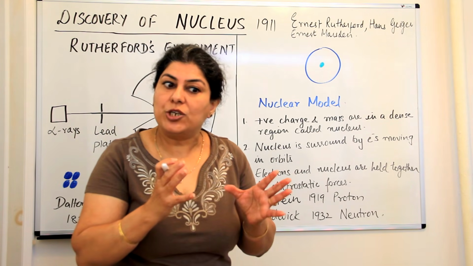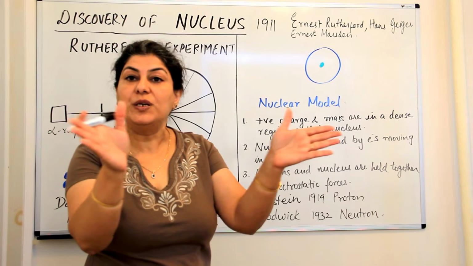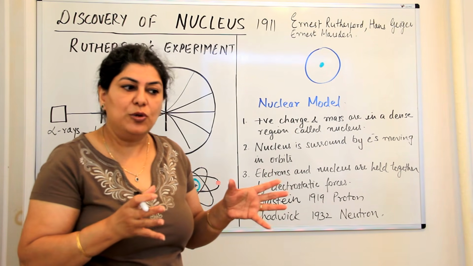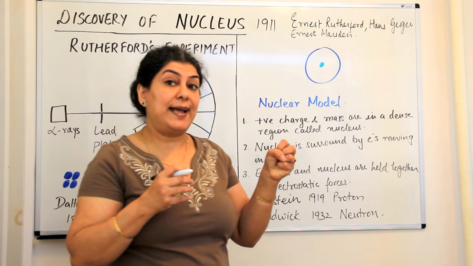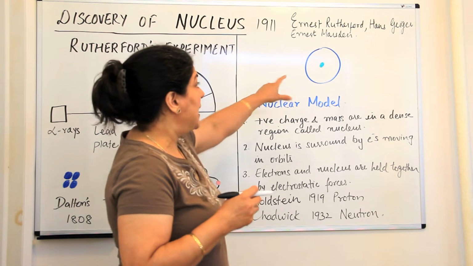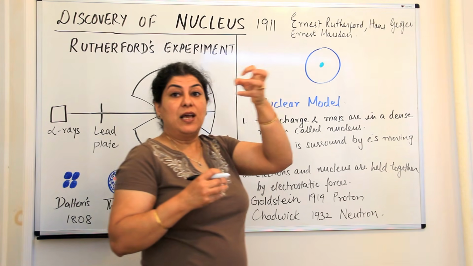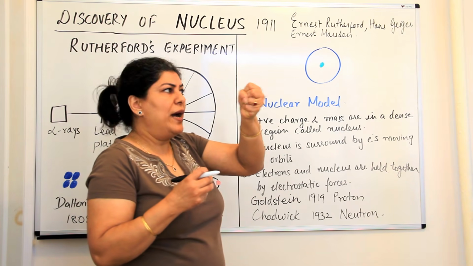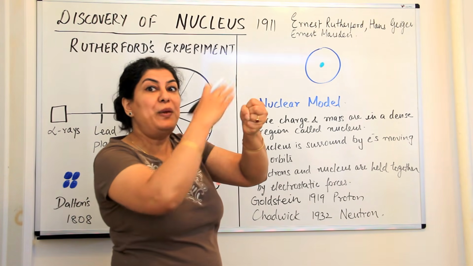The second observation was that some of the particles were deviating. From this he concluded that the positive charge is not scattered. It is at one point, and this point is very small. Why is it very small? Because most of the atom should be empty.